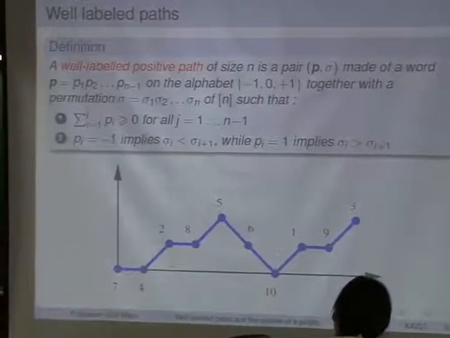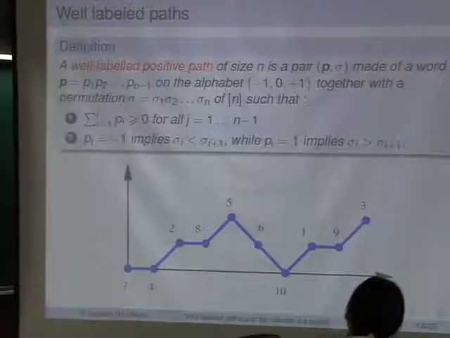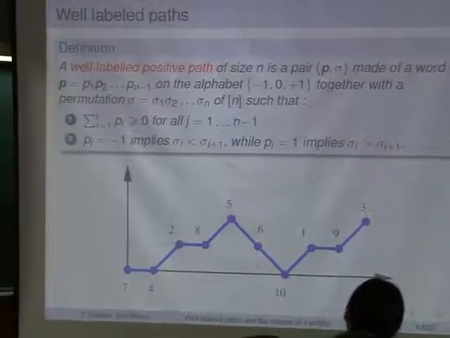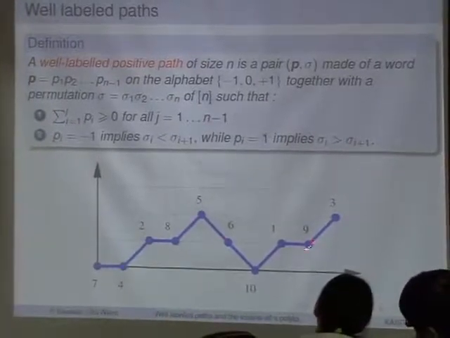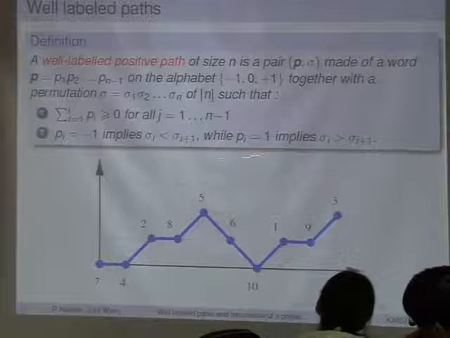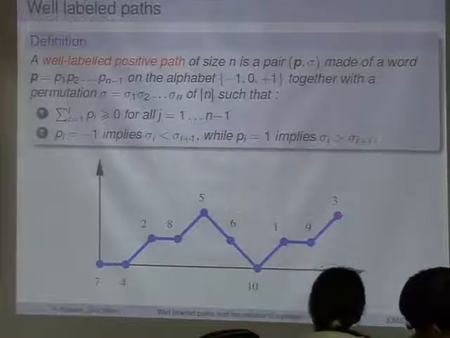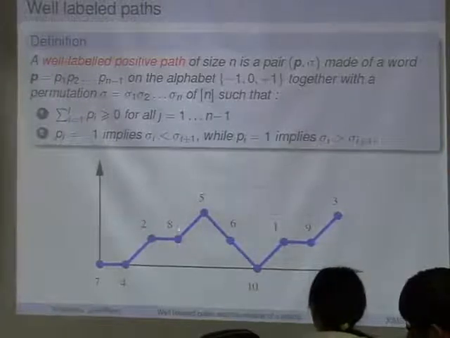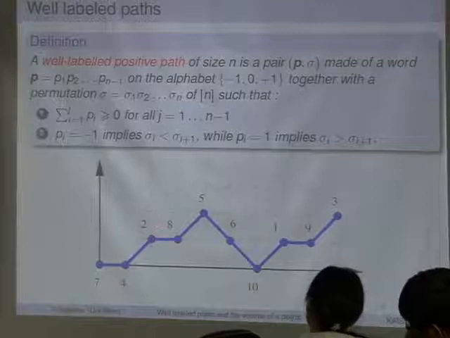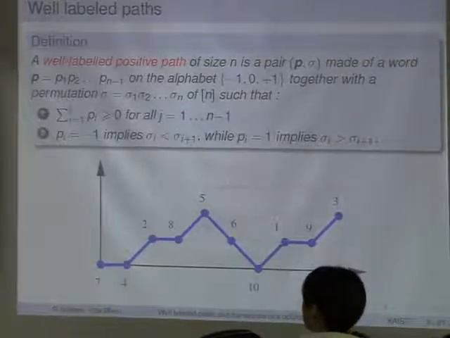It would make things easier, but I'm sorry. So just remember that if you have a down step, the value here is smaller than the value here, and it's actually the same if you have an up step. This condition means that the value on top is smaller than the value below. When you have a horizontal step, you can have this order or this order, meaning there's no condition on the order.